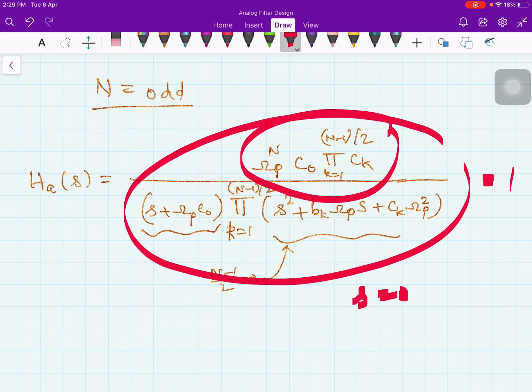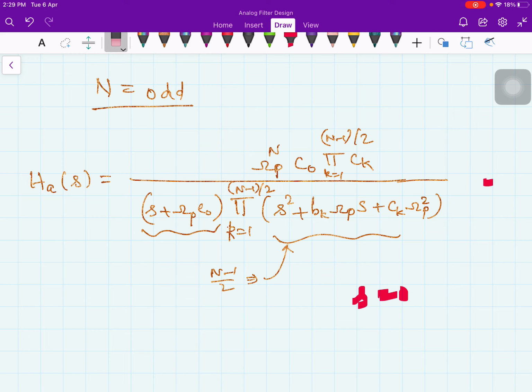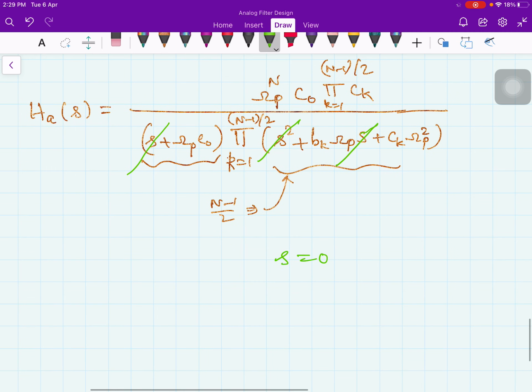In this expression, suppose we substitute omega equal to 0, that means s equal to 0. Then this term will go away, this will go away, this will go away, and you are left with the denominator omega p c naught, then the continued product, how many times? n minus 1 by 2 times.